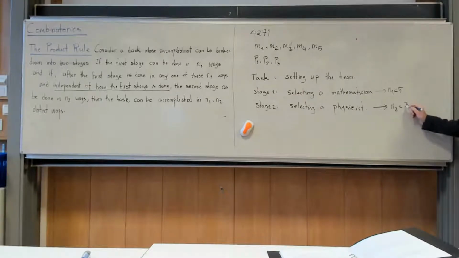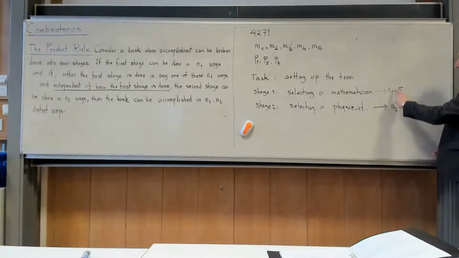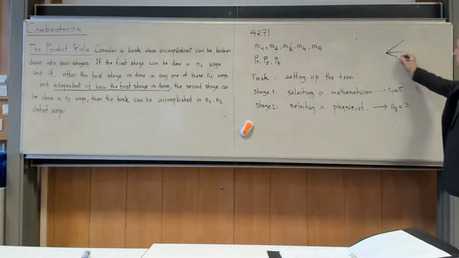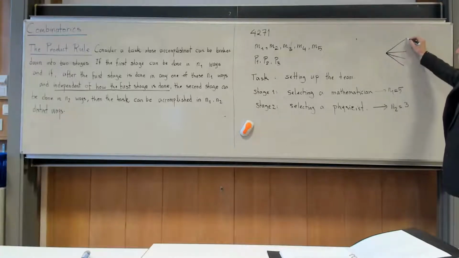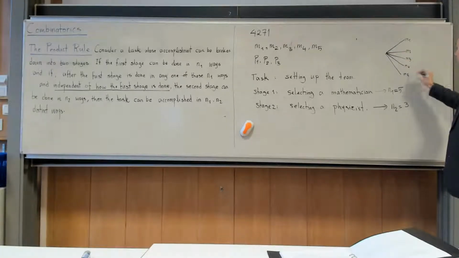When you want to write 3, do you depend on the information about which way the first task is done? Yes, this is important. So when you want to write 3 here, I am telling you that in the first stage, any one of these mathematicians might have been chosen. Yes, so mathematician 1, mathematician 2, mathematician 3, mathematician 4, or mathematician 5. Okay.